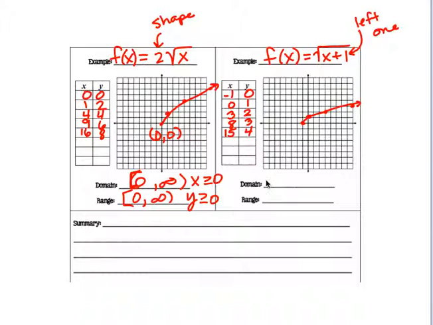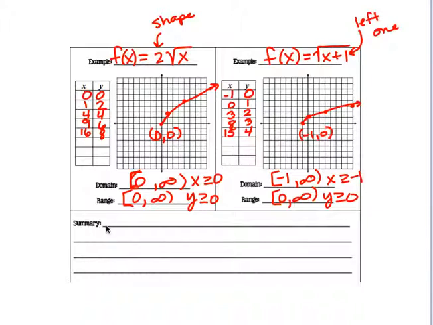Since that point is (-1, 0), the domain starts at the x value of -1, so you would say it's from -1 to positive infinity. The range, with that y value of 0, would be 0 to positive infinity. Of course, you can write it as x is greater than or equal to -1, and y is greater than or equal to 0.